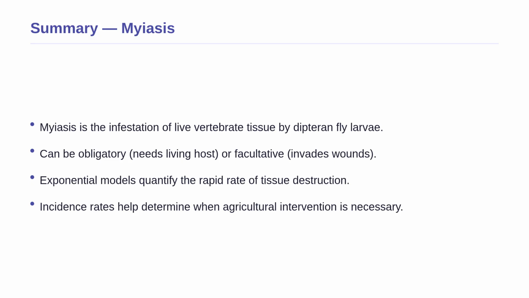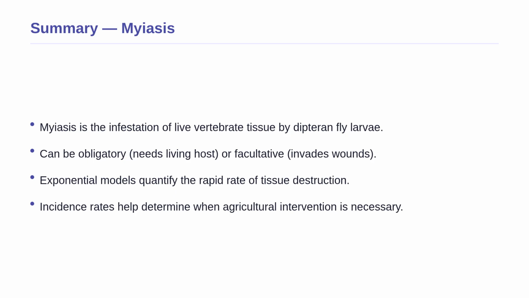We have covered a lot of ground today, so let us review the key takeaways. First, myiasis is a severe biological phenomenon where dipteran fly larvae infest and feed on the living tissues of vertebrate hosts. We learned that this can be an obligatory process, necessary for the fly's survival, or a facultative one, taking advantage of existing wounds.